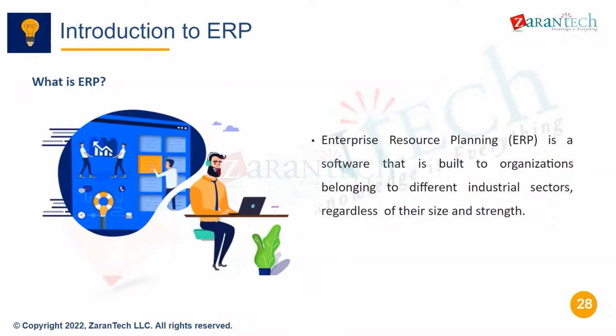So companies will have several departments, like finance, sales, marketing, materials management, HR, production, warehouse management. Like this, they have several modules available, with several people working in each department.